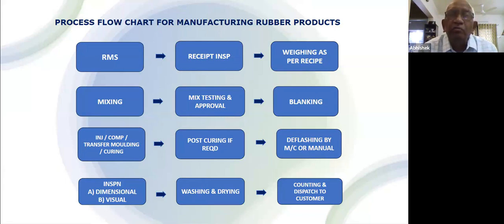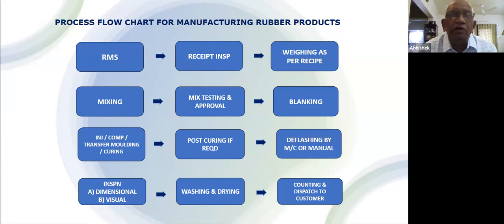After the mixing, the mix, which we also call a rubber compound, is tested, because without testing it cannot go for production. There are various types of tests, which I will brief you on afterwards. Then after the approval, the real process starts, which is called the blanking process. That means before you go for molding, the rubber needs to be in the required form, which is called blanking.